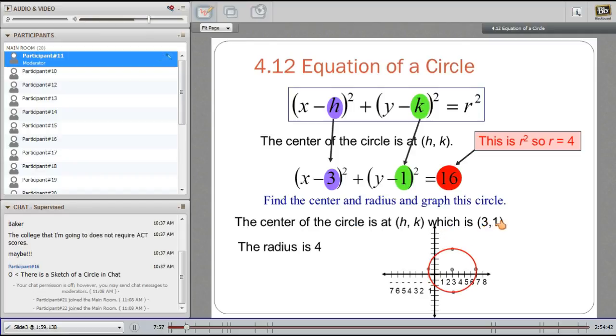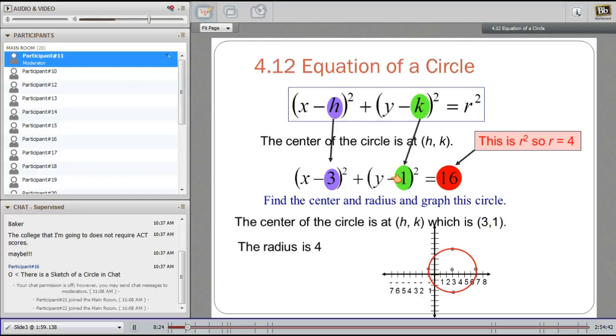Now one thing you're going to want to watch on the equation is notice that these are subtraction signs here. And in this case, there are subtraction signs there, and so you can just take 3 and 1. However, if this was a plus 3, so if this sign here was plus 3, the x value of the center would be negative 3.